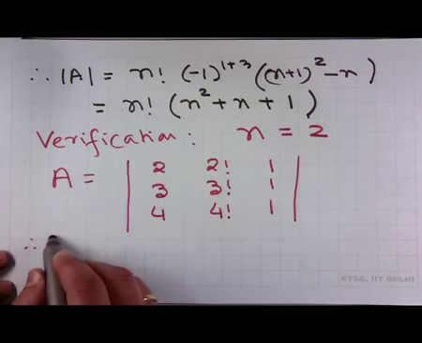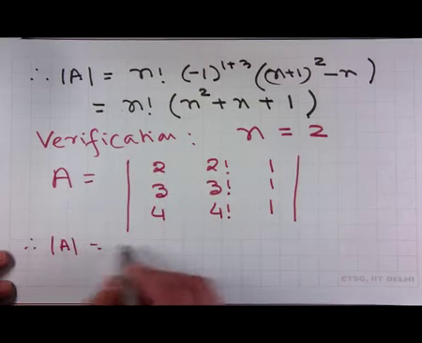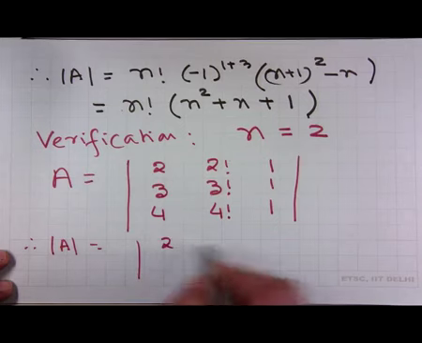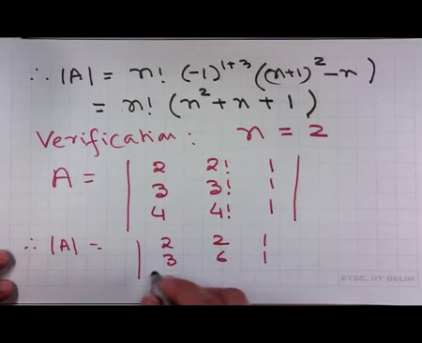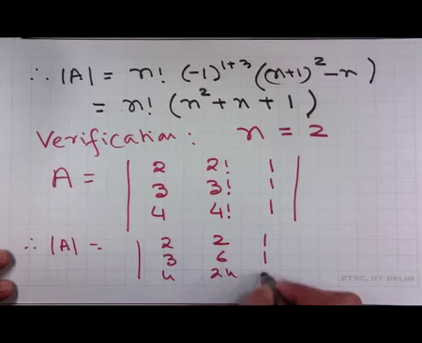Therefore, determinant of A is equal to determinant of 2, 2, 1; 3, 6, 1; 4, 24, 1.